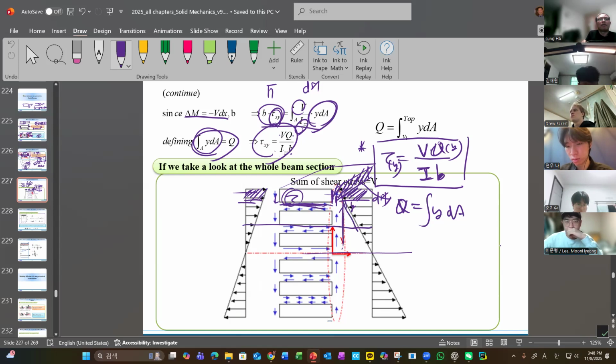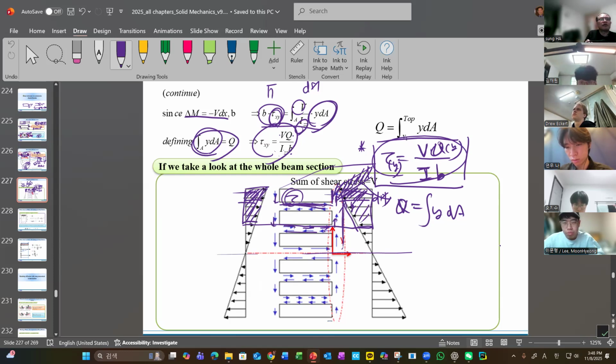We have more area and more area. So the difference between this one and that one, we have a shear force, and that is calculated numerically from this equation, and that is the shear stress at this point, and so on and so on.